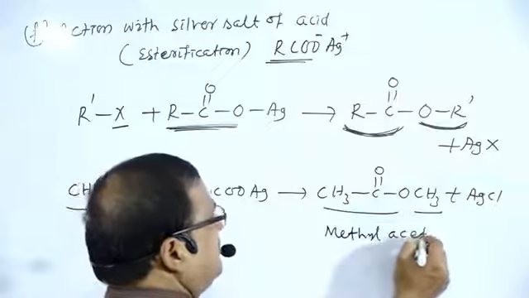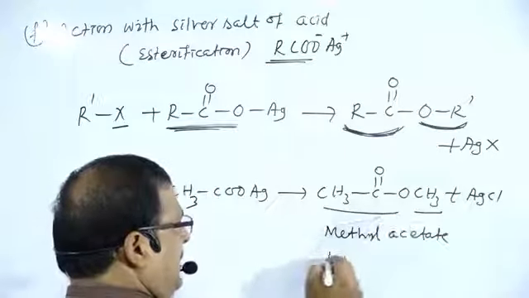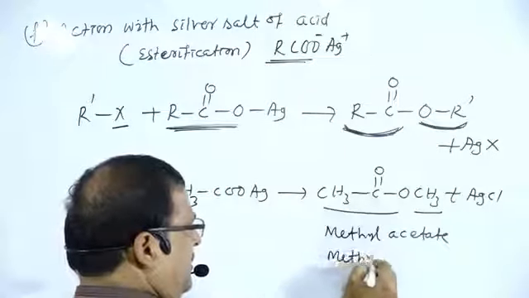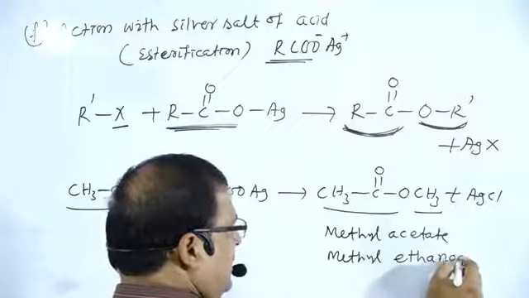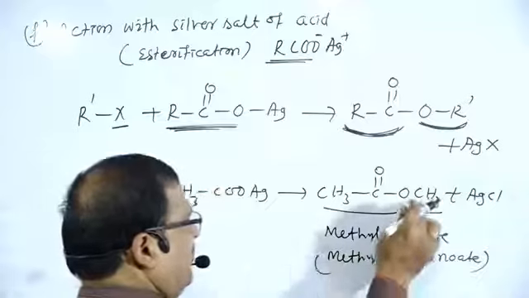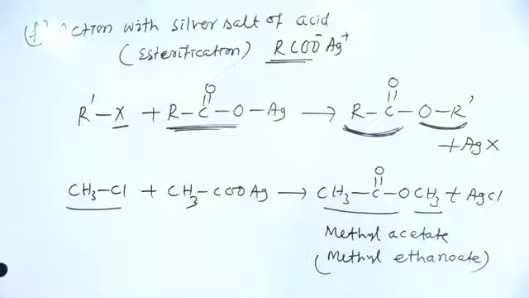Methyl ethanoate, or methyl acetate as the common name, is an alkyl alkanoate, and that is the formula for that ester.